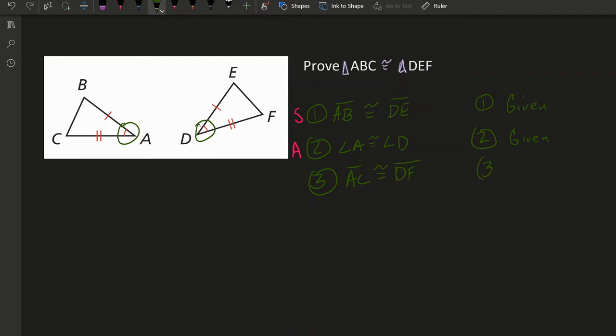And again, that's because it's on the picture, it's given. So now I've shown that two sets of corresponding sides are congruent and their included angle is congruent. So the next step that I can take is I can say triangle ABC is congruent to triangle DEF because of side angle side theorem.